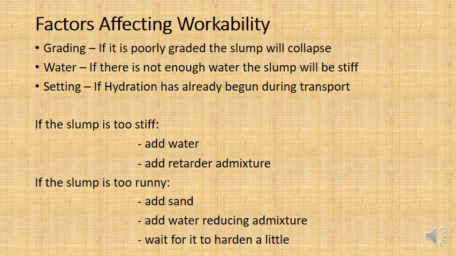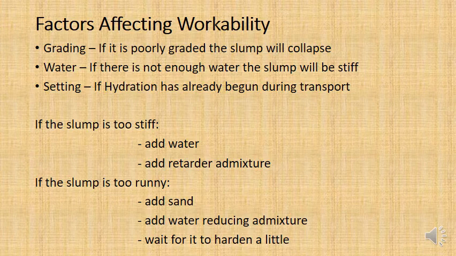What you've got to remember is that concrete that has a high water ratio will be a weaker concrete. So another way we can soften and make the slump more runny without weakening the concrete is we can add a retarder admixture. What's a retarder? Well, I like to think of a retarder as a laxative. What's a laxative?